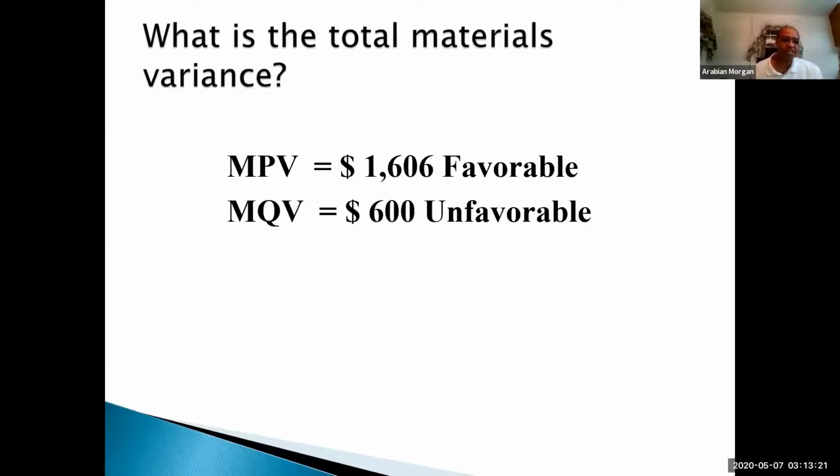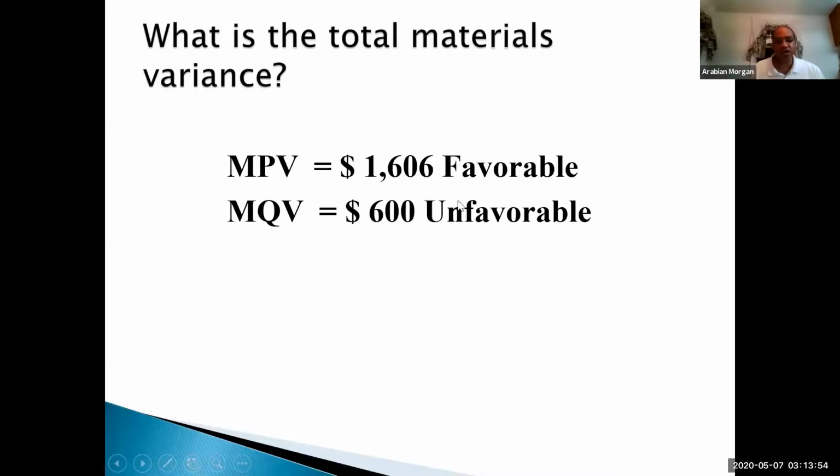The total materials variance is simply going to be using these two numbers, the material price variance and the material quantity variance. We're simply going to do some math using these two numbers. In order to do the math, we have to look to see, are they favorable or unfavorable? If the two words are different, then subtract one number from the other.